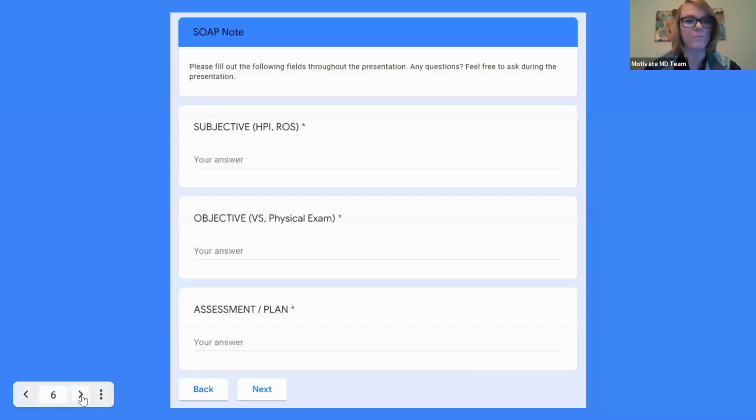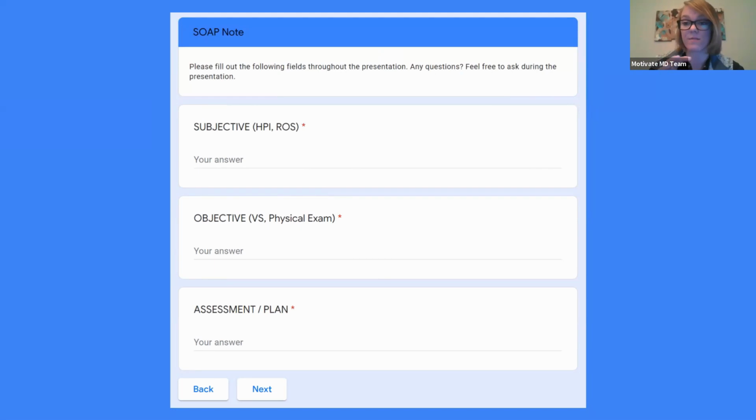All right. Here's the SOAP note form as a review. The subjective portion is going to be your HPI and your ROS, the HPI being your history of present illness. So you're going to talk about the subjective portion that the patient says. The ROS is going to be pertinent positives and negatives. For instance, with a thyroid disorder, they gained weight and they feel tired.